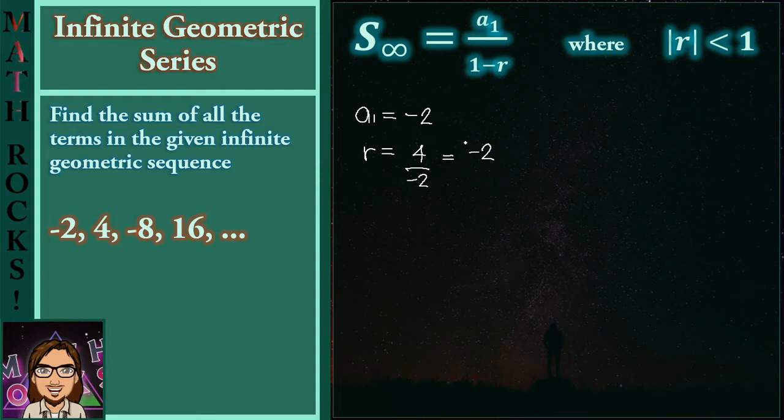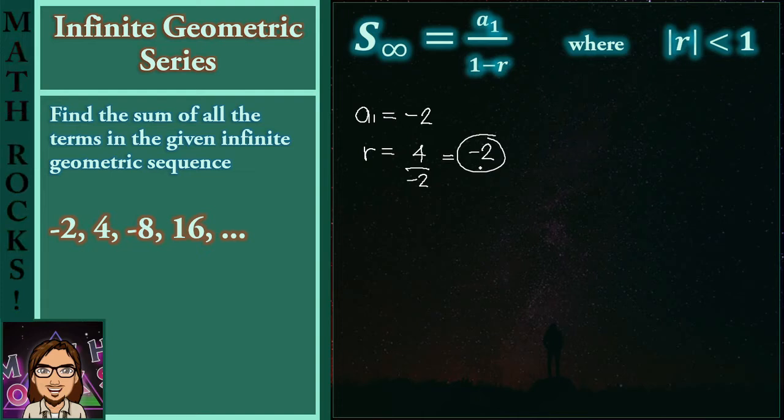Before we start with the substitution process, let us make an inspection first with regards to the value of the common ratio, which is equal to -2. The condition for us to apply such formula for the sum of the infinite terms in a geometric sequence is that the absolute value of r should be less than 1.